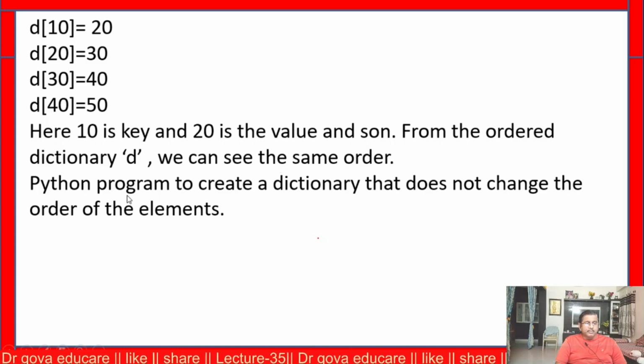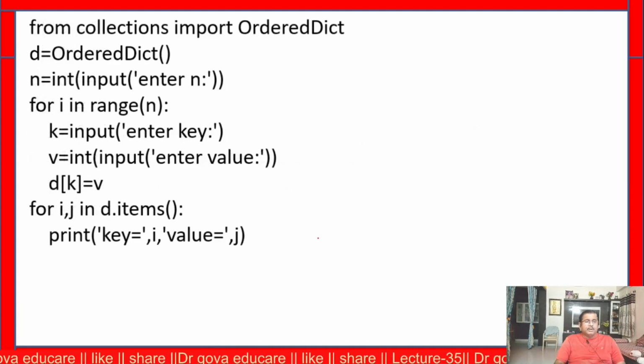Now this is the Python program to create a dictionary that does not change the order of the elements. OrderedDict is defined in the collections module, so we have to import it.